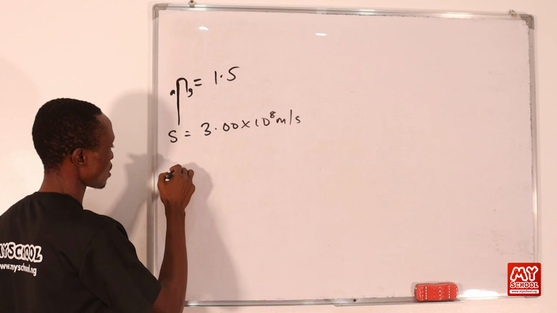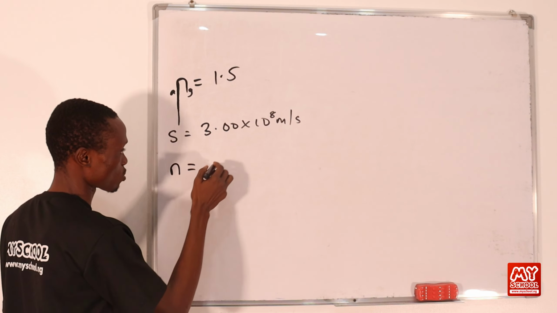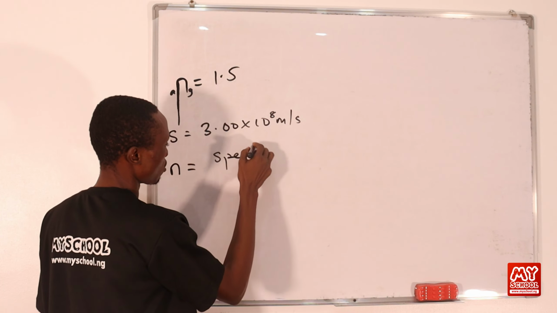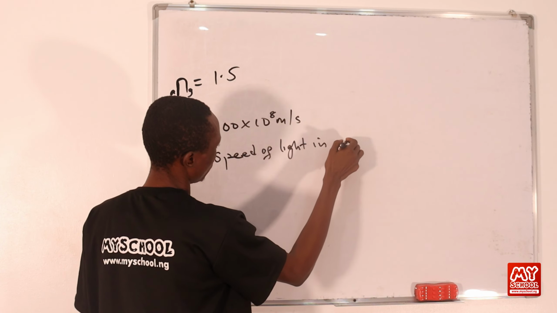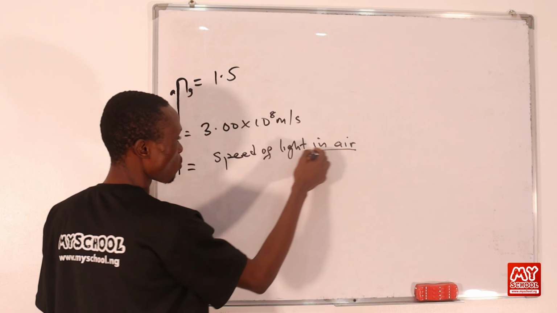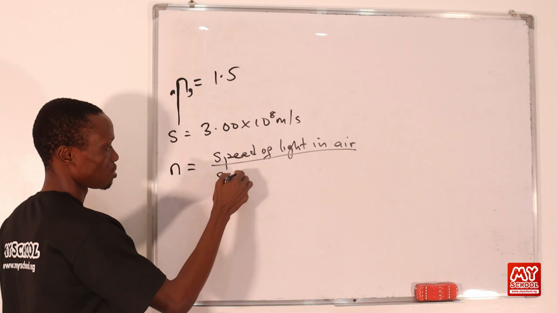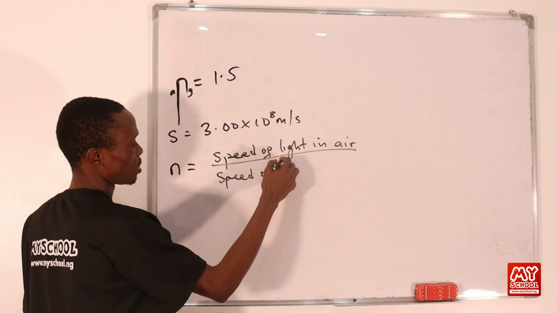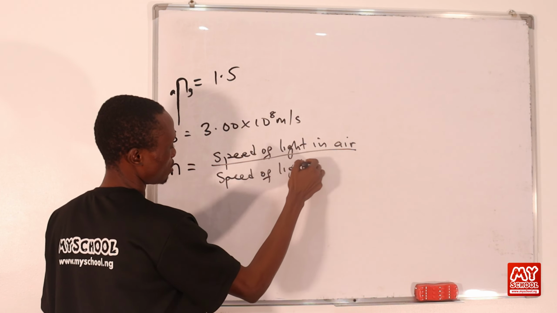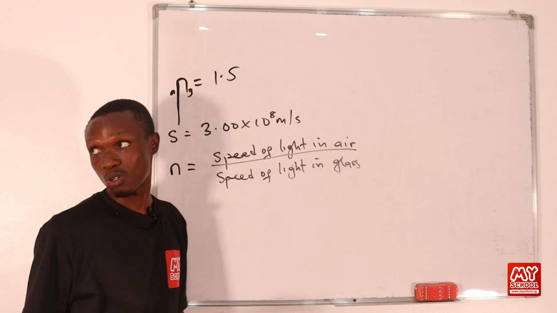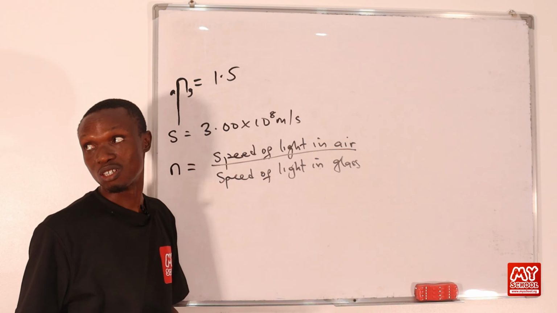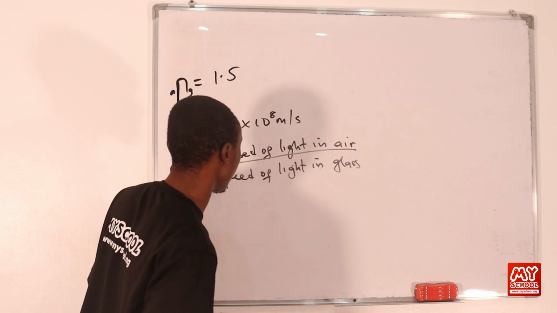But remember that n, the refractive index, is equal to the speed of light in air, which is the same as vacuum, all over the speed of light in glass. In this question, we are asked to determine the speed of light in the glass.